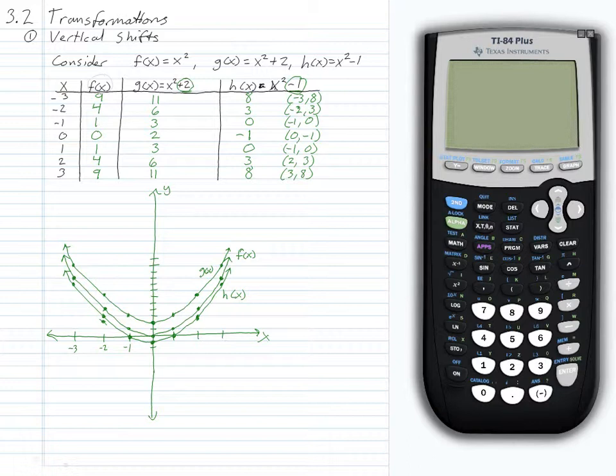So that corresponds with that first definition, which says that if we simply add a constant or subtract a constant, we can find the graph of our new function by basing it off of the graph of our old function and simply shifting by however many units we are adding or subtracting. Adding moves us up, and subtracting moves us down.